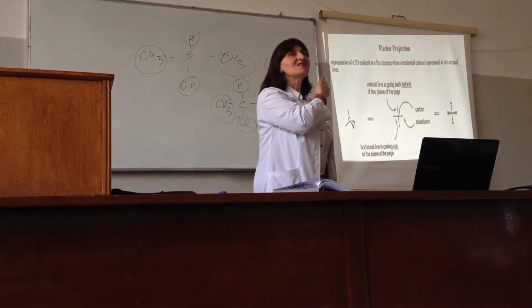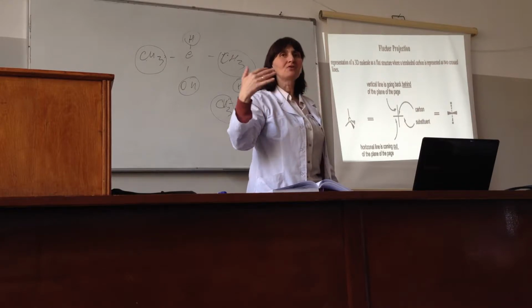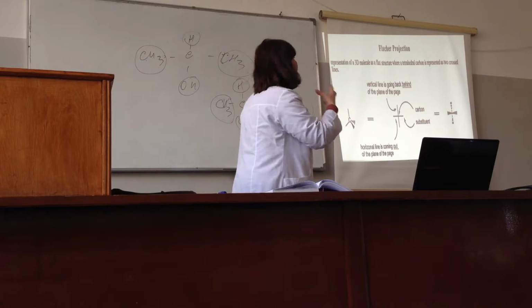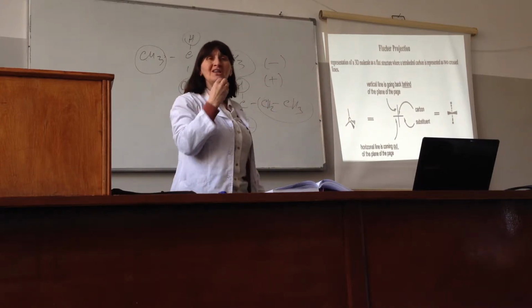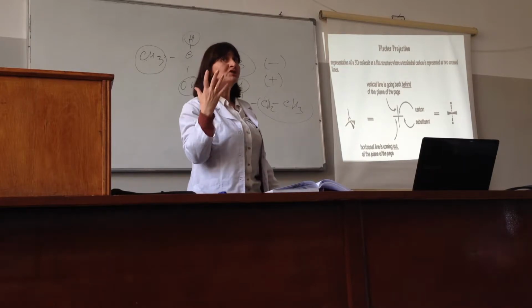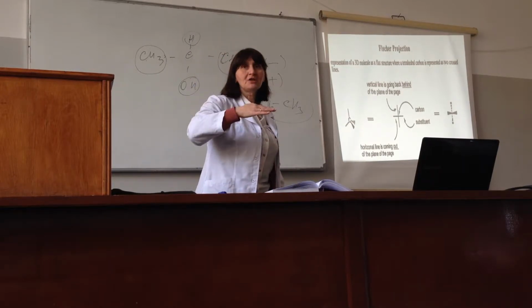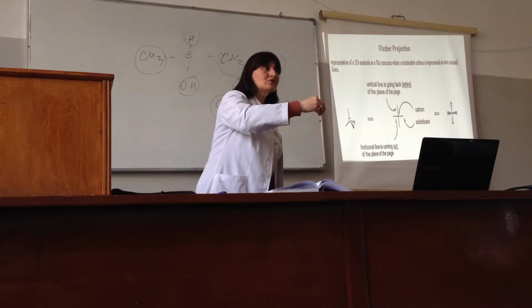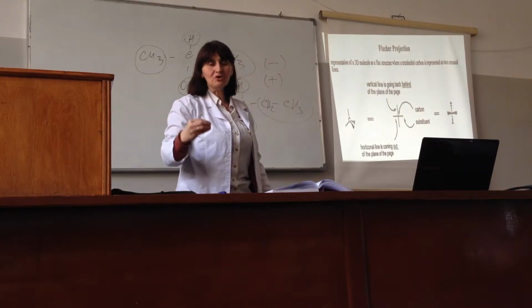This is not information about absolute configuration. For determination of absolute configuration of these molecules, you need the Cahn-Ingold-Prelog system. Here you have some steps, and according to these steps you can determine whether you have R or S absolute configuration.